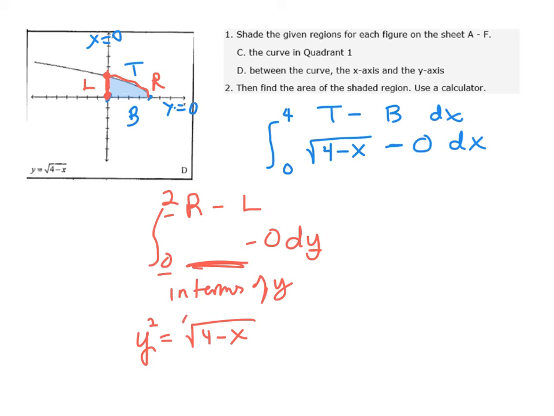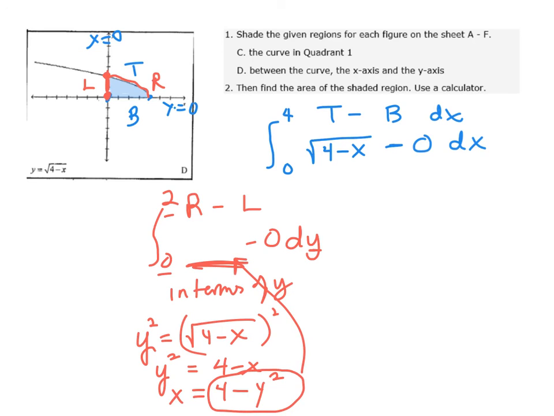So I'm going to square both sides. That gets me y squared equals 4 minus x. I'm going to move the x to the left and the y squared to the right. So don't freak out too much. 4 minus y squared, right? So this is what I'm going to put here instead.